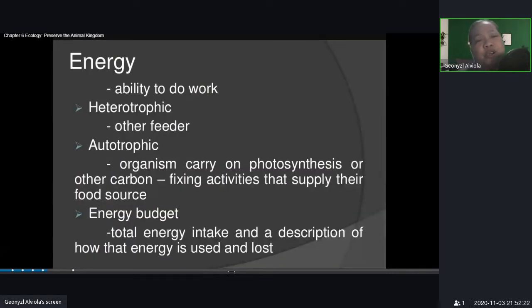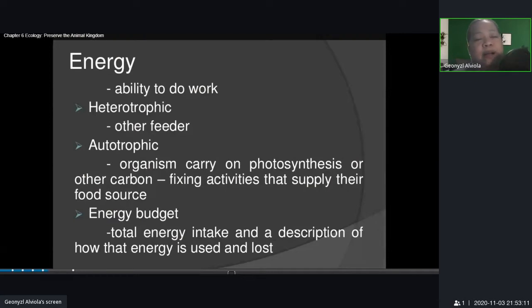It is important to discuss the flow of energy. Energy, based on physics, is the ability to do work. Heterotrophic and autotrophic are types of organisms based on how they acquire energy. Heterotrophs acquire energy from another organism. One good example of heterotrophs is humans, because we eat other living organisms, plants and animals, to get our energy.